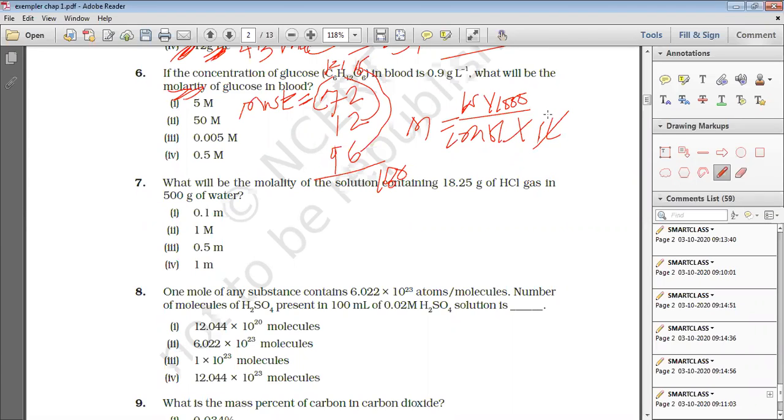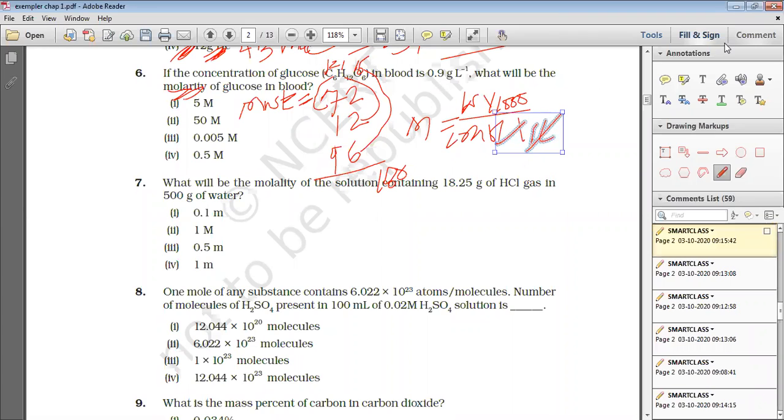So 1 liter is 1000 ml, and 1000 ml and 1000 ml get cancelled. Now, can you tell me the answer? For W, you write 0.9, and for the molecular weight, you write 180.